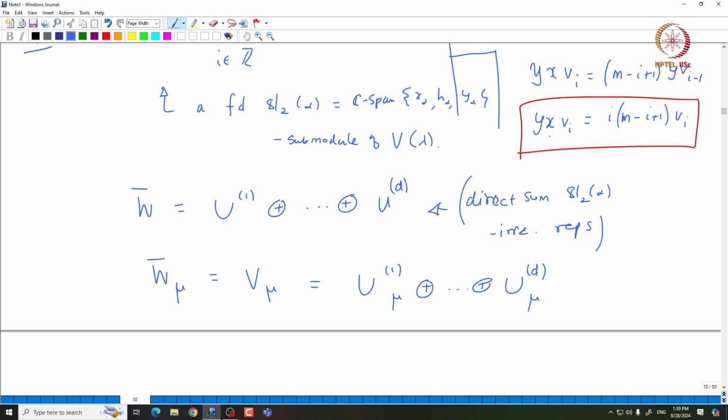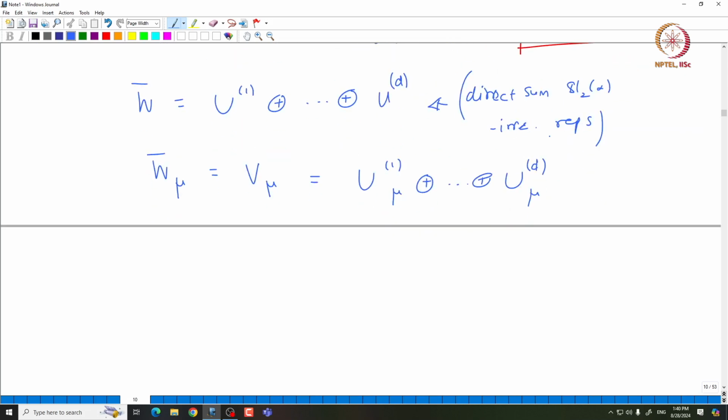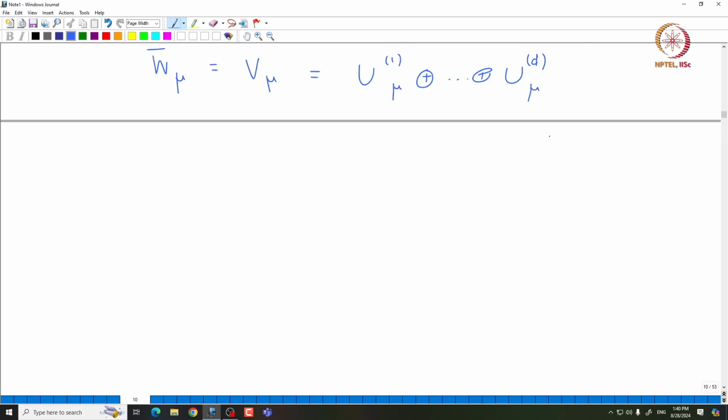We have that W bar is equal to the direct sum of these Ui's. In particular, the mu-th weight space of W bar is exactly V mu, which is the mu-th weight space of each Ui. Now, if you are interested in calculating the trace of Y alpha X alpha acting on this V mu, this is the same as calculating the trace on this W bar mu.